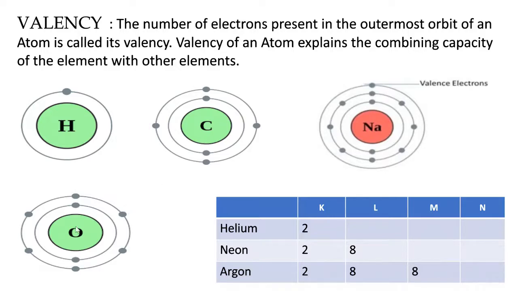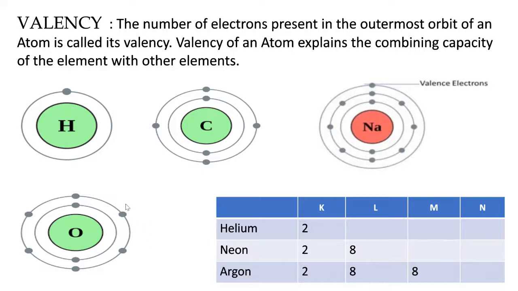Now coming to oxygen, the inner shell, that is K shell, has 2 electrons, and the second shell, which is L shell, has 6 electrons. But here the valency of oxygen will not be 6, because it is difficult to get rid of these 6 electrons rather than taking 2 electrons. Therefore, the valency of oxygen in this case will be 2, as the octet is 8 electrons.